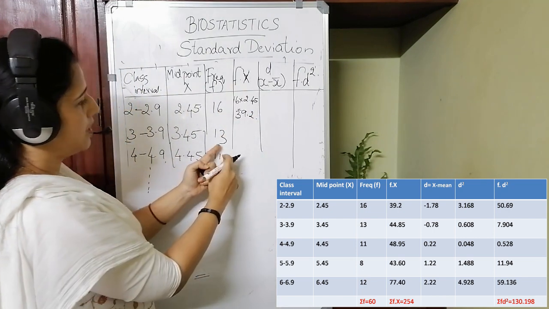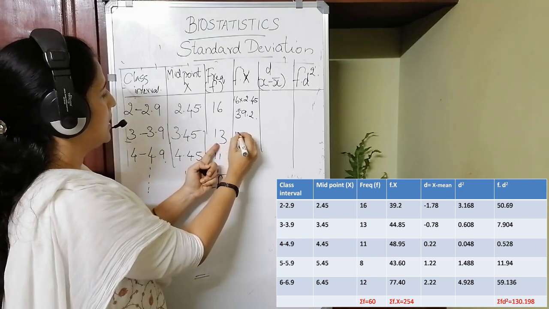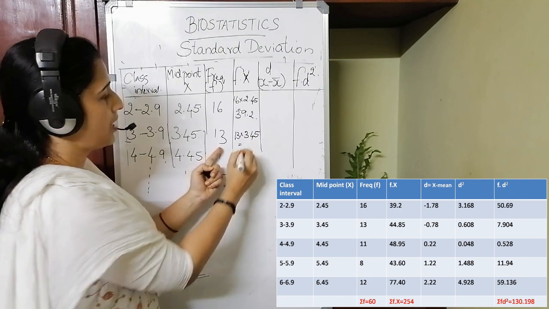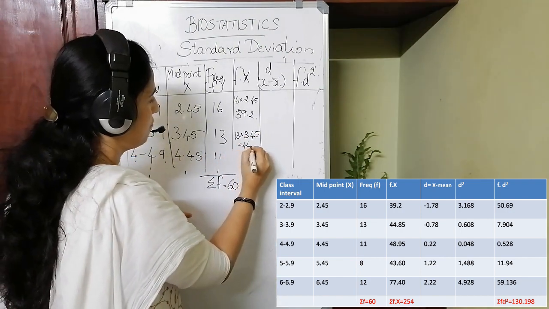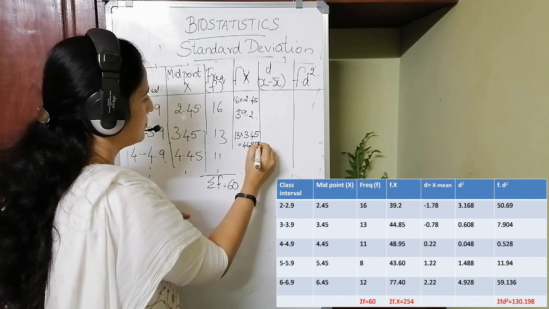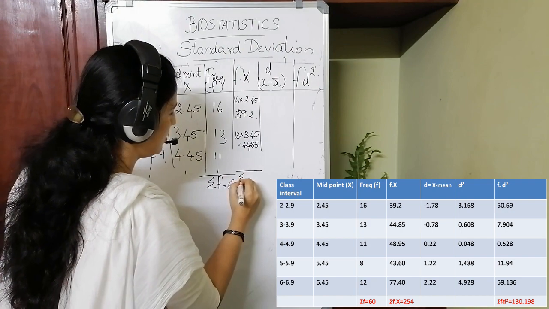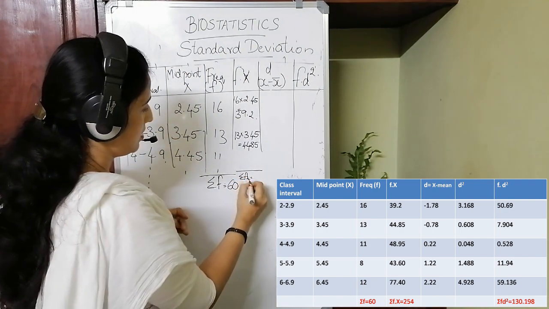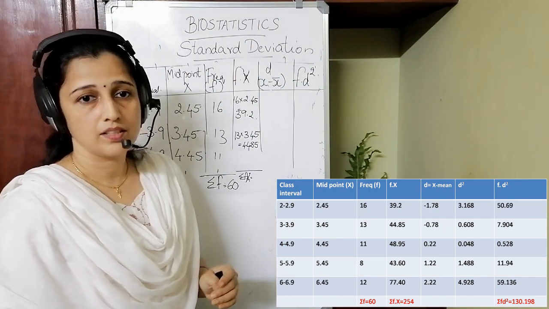Here fx, f is 13, x is 3.45. So 13 into 3.45 is equal to 44.85. Then you have to complete this part. Sigma fx has to be calculated for finding the arithmetic mean.